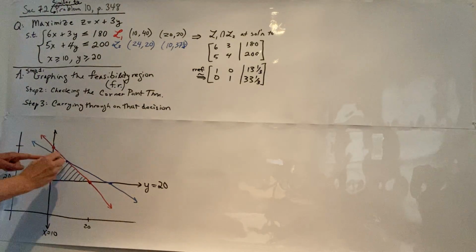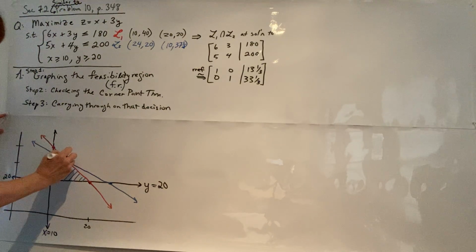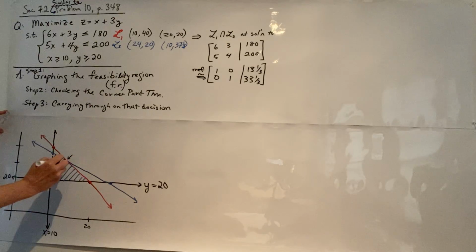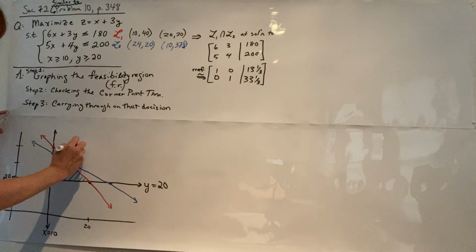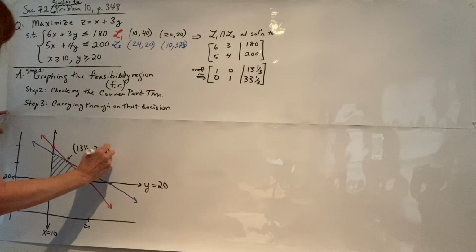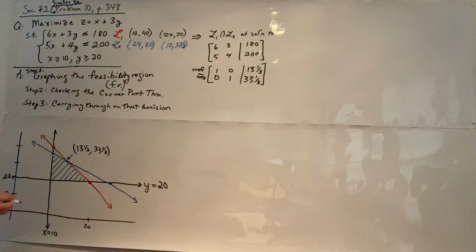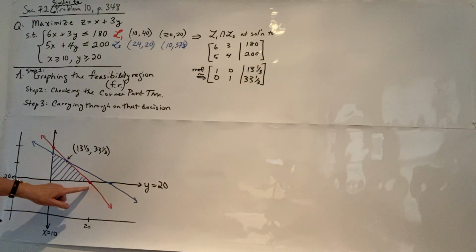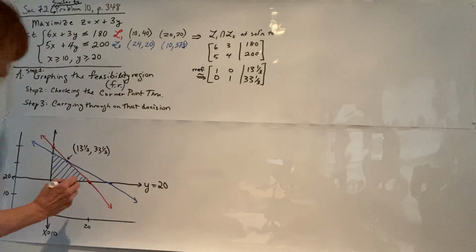All right, so now I'm going to start labeling the corner points of the feasibility region. So that's my 13 1/3, 33 1/3. What was this one? Line 1 is in red. That's the 20, 20 point.